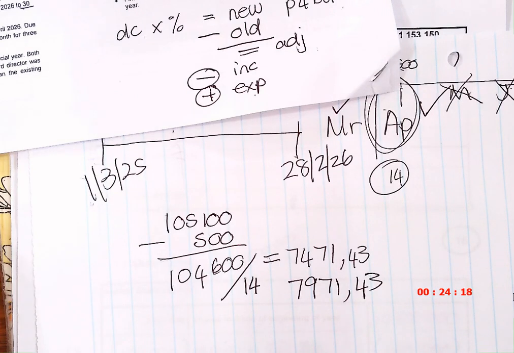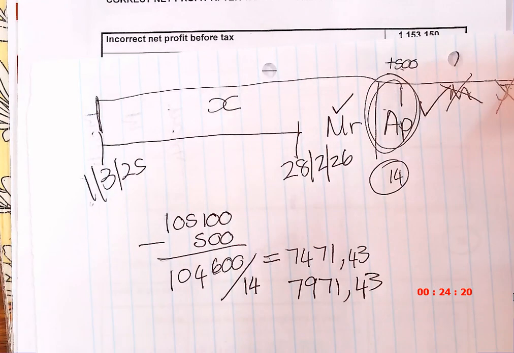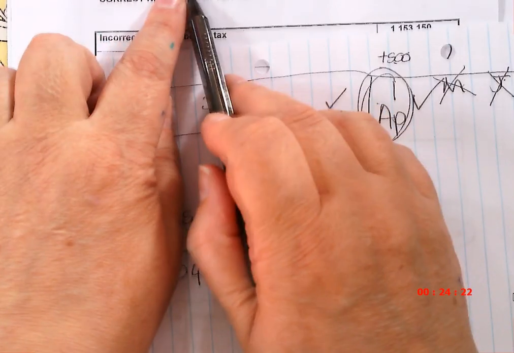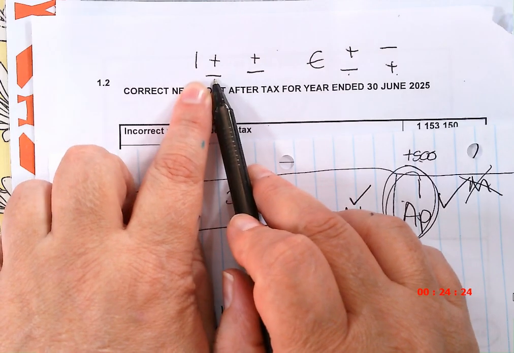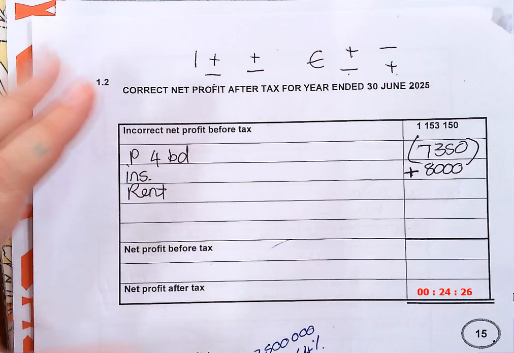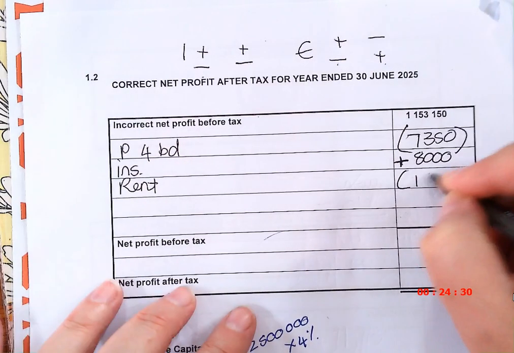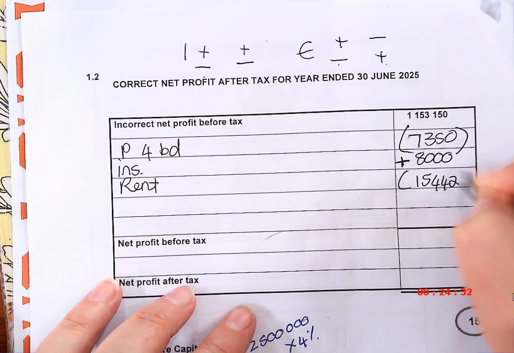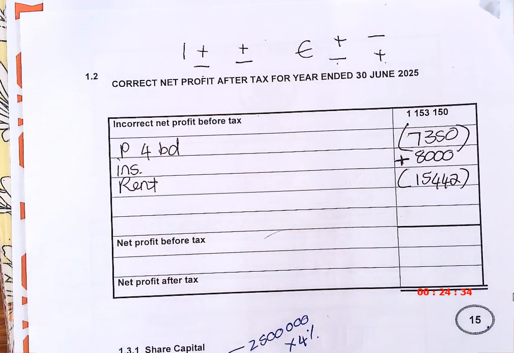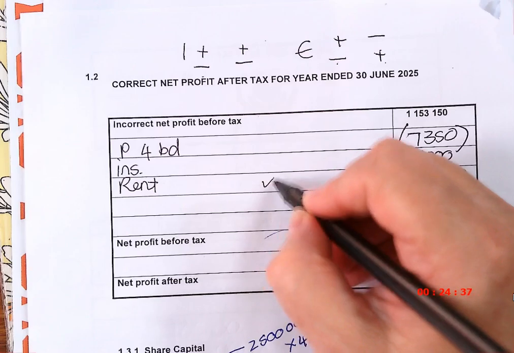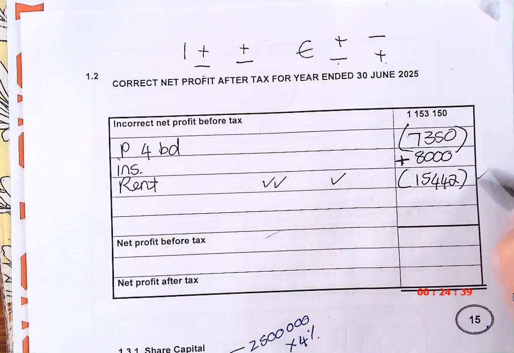And what does an income received in advance do? It makes my income less. And that's why I minused the 15,442. Right. And by the way, it counted 4 marks.